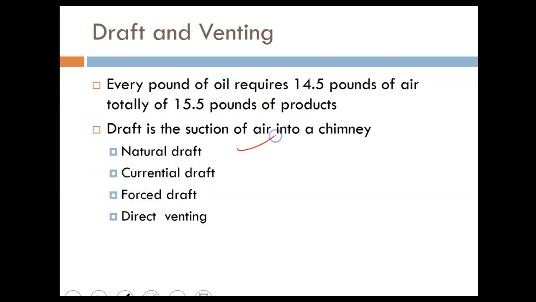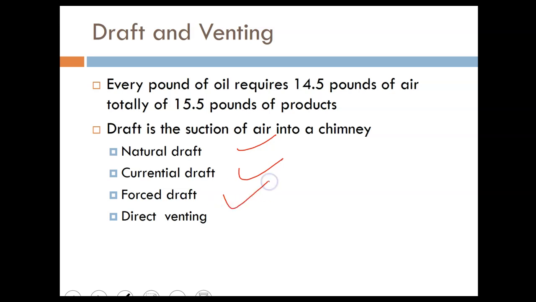So, natural draft is when you depend on the hot air going by itself outside the burner. Torrential draft is when you also use the pulling of the air to outside the house using the buoyancy from hot air to cold air.